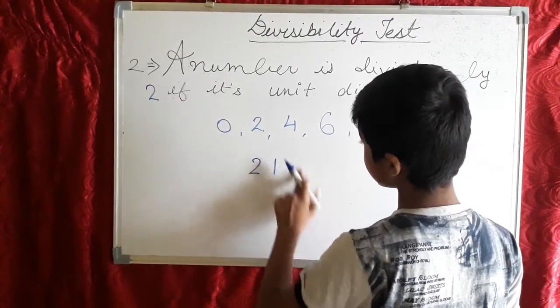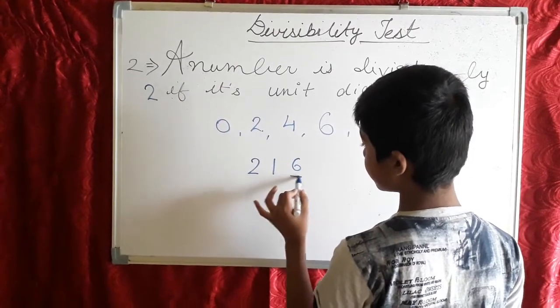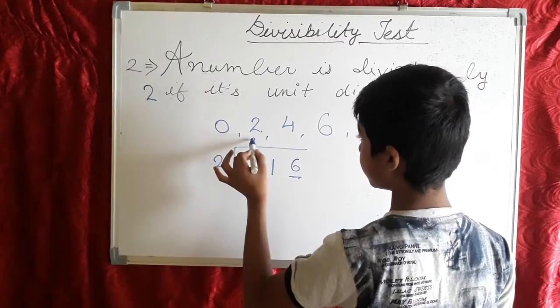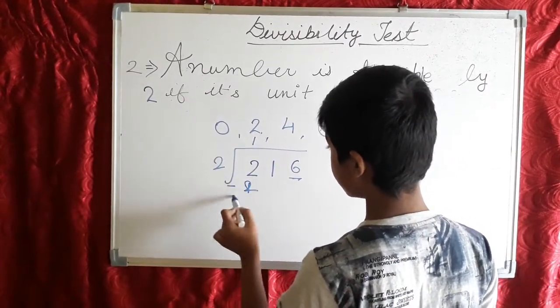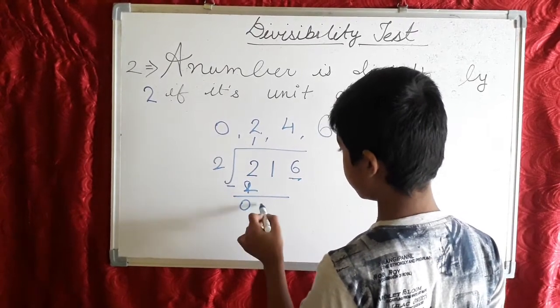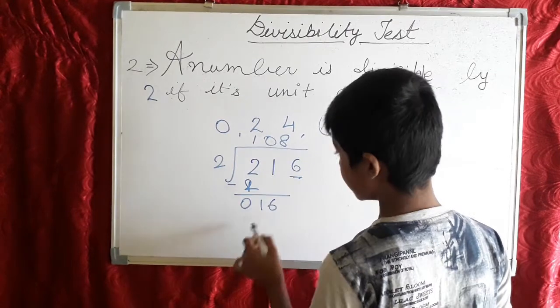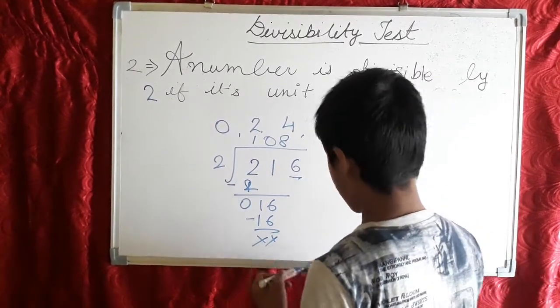If we write 6 here, this number is divisible by 2. For example, 2 ones are 2, then this is cut and becomes 0, 1, 0, then 2 8s are 16. You see, this number is divisible by 2.